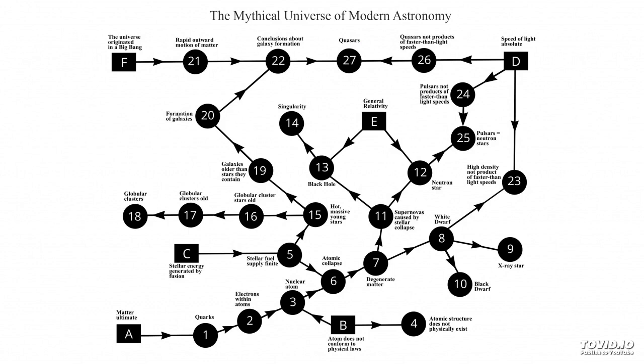I've already mentioned number 9, which is the X-ray star. You will also note that the white dwarf, number 8 on the diagram, is connected with item number 23. But that's an incoming line. That refers to the effect of contrafactual assumption D on the white dwarf.